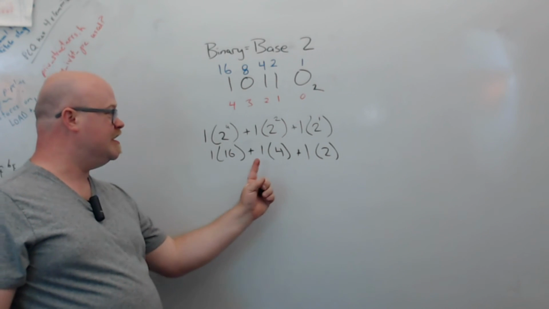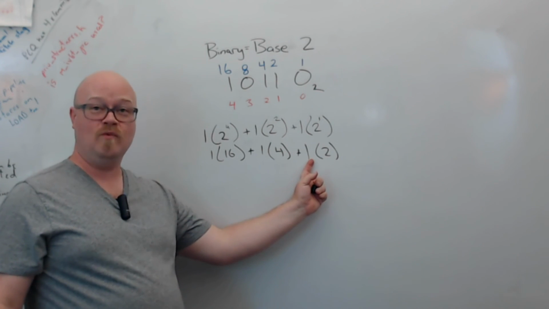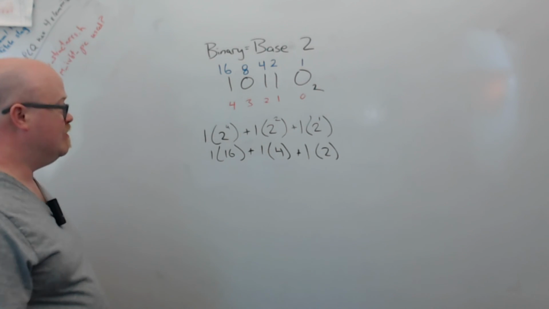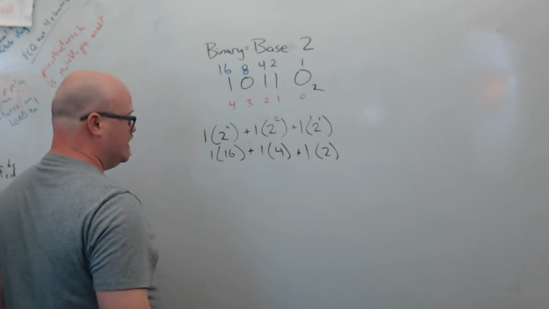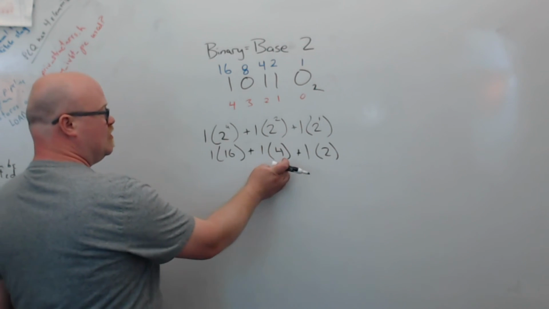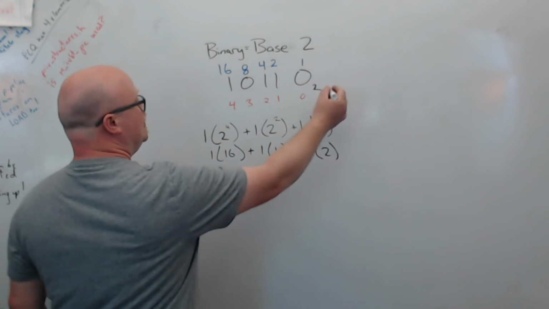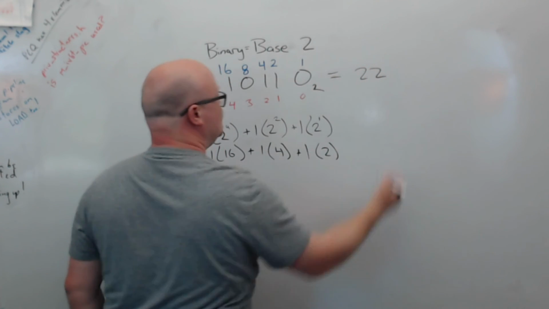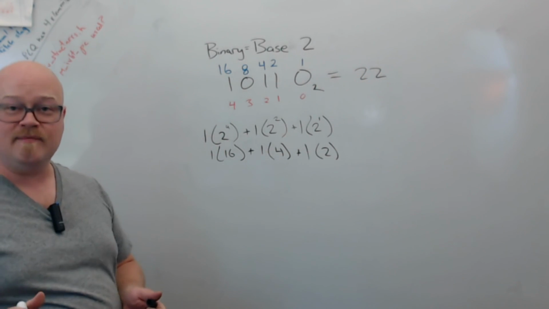But since each of these will always have a coefficient of 1, it's almost as if the coefficients don't exist because they don't change anything, basic identity, right? So 16 plus 4 is 20, plus 2 is 22. So 10110 is the same thing as 22 in decimal.